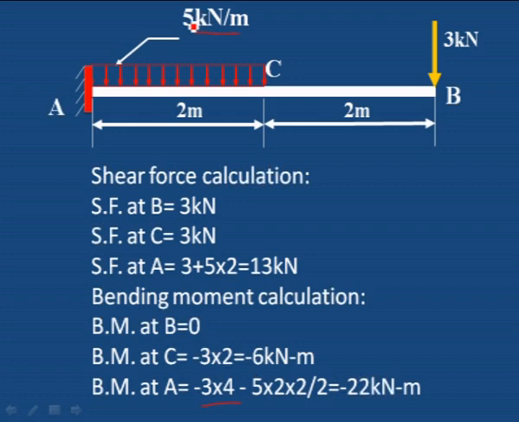For the uniformly distributed load, 5 into 2 is the load, and the distance of the uniformly distributed load from A is 2 divided by 2. That is 1 meter from this point. From A to C, we have to place the point load at the center of this 2 meter, that is 2 by 2, 1 meter. So 3 into 4 plus 5 into 2 into 2 by 2. That is 22 kilonewton meter is the bending moment at A.